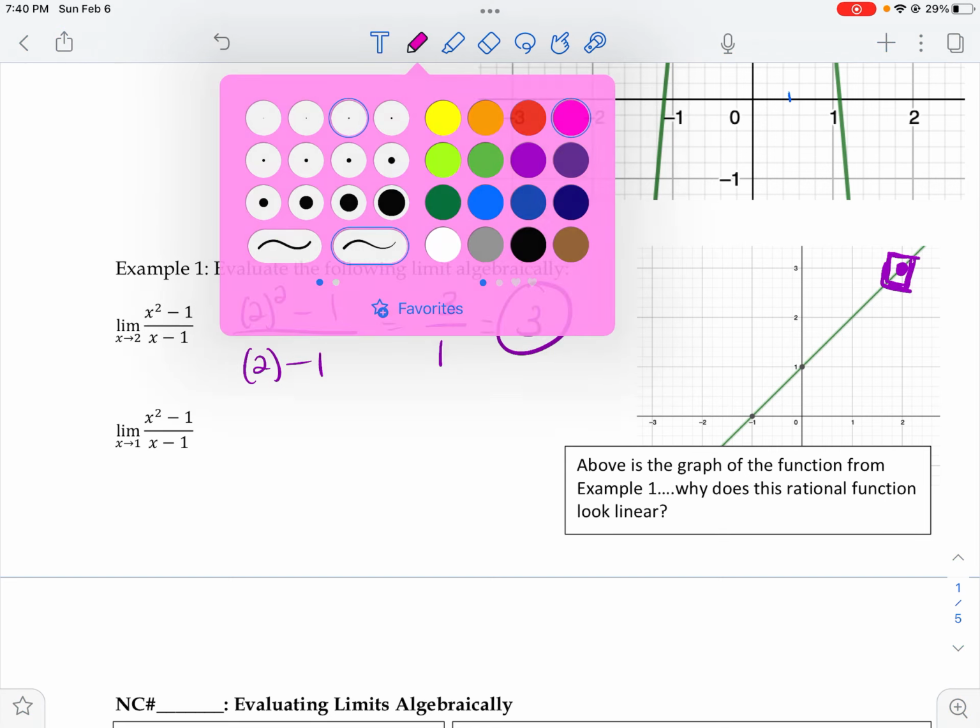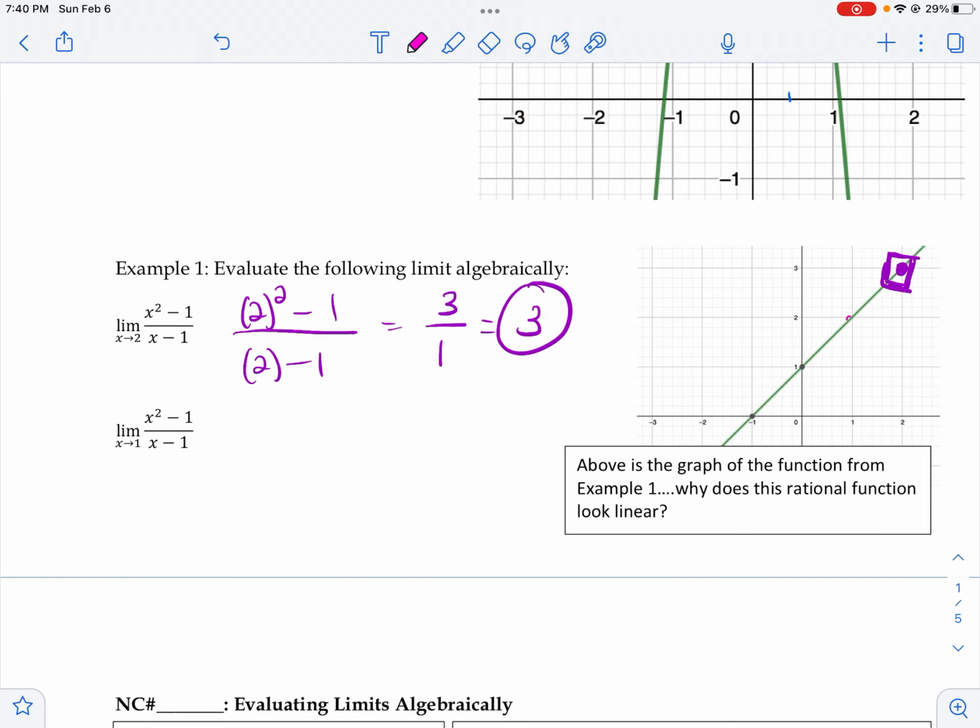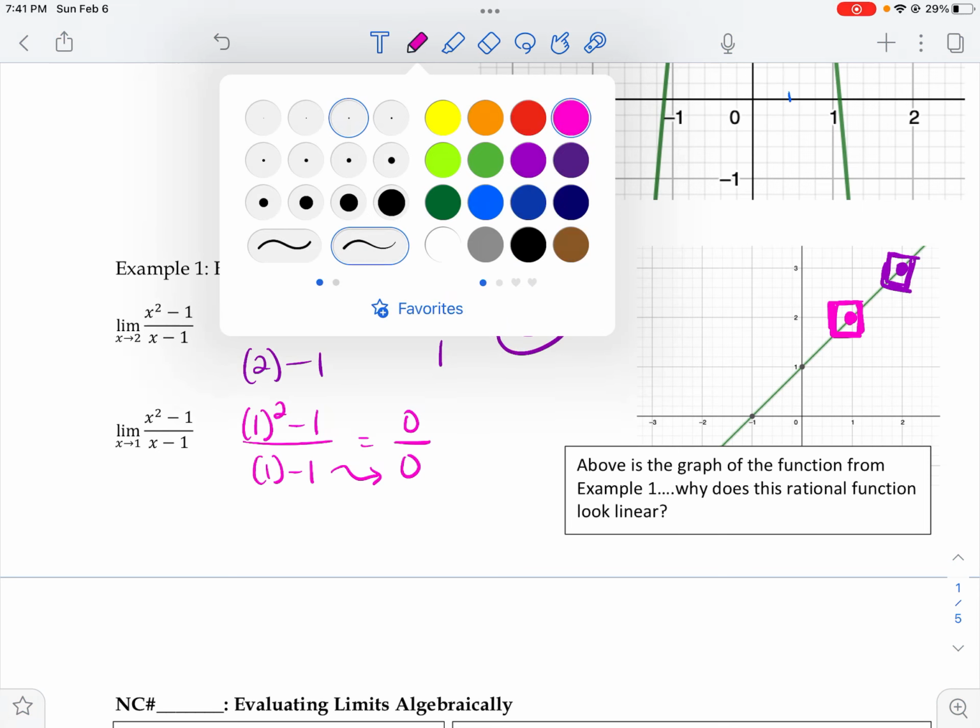The next one, 1, if I look graphically, I see this point right here at 2, but if I try to plug the 1 in here, let's see what happens. We get, doesn't matter what we get on top, once I see that the bottom is 0, it's an undefined fraction. It happens to be 0 over 0, but anything over 0 would give you an issue. But the graph appears to have a value of 2. So how are we going to get that algebraically?